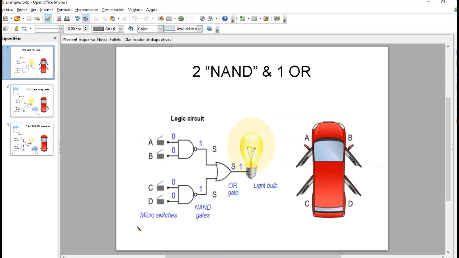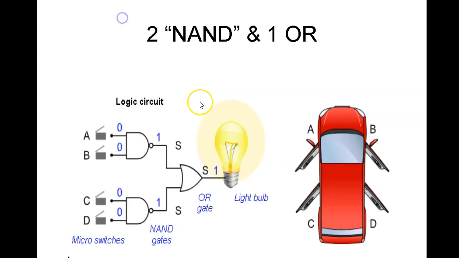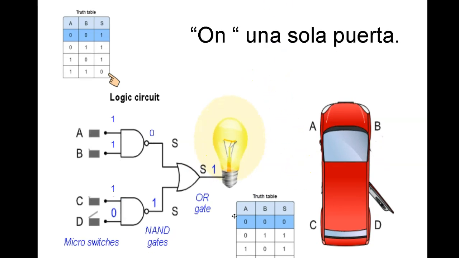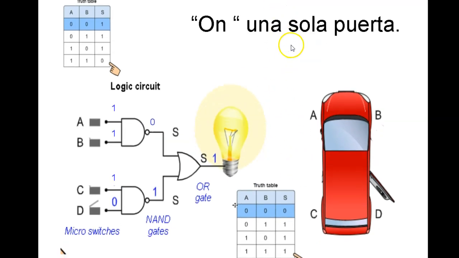So this is what we have covered here, with 2 NAND gates and an OR gate. In the case of having only 1 gate open, look here, this one is the NAND gate.